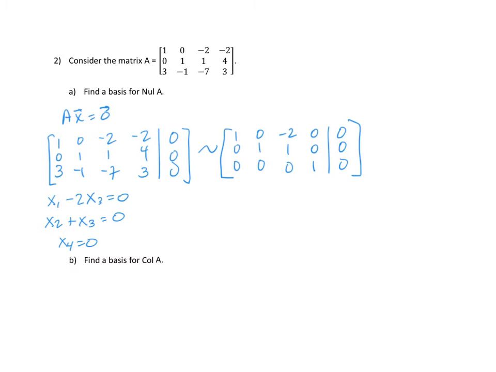My pivots are this one, and this one, and this one, the first non-zero entry of each row. And so my free variable is just x3. So I'm going to solve this equation in terms of x3, and this equation for the pivot in terms of x3.